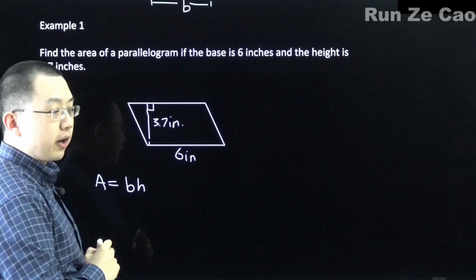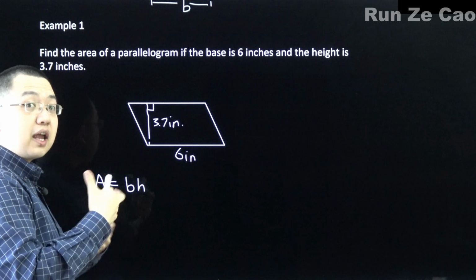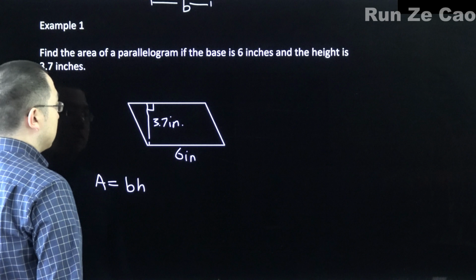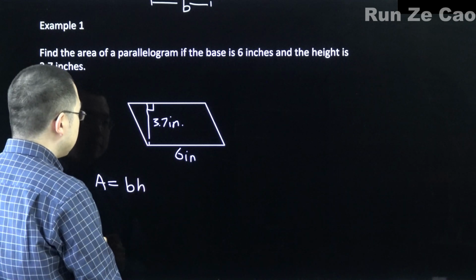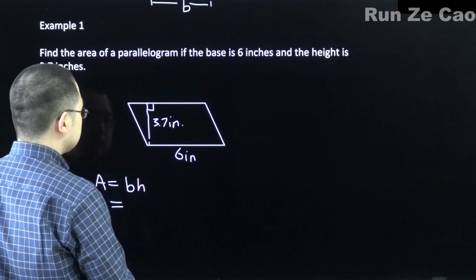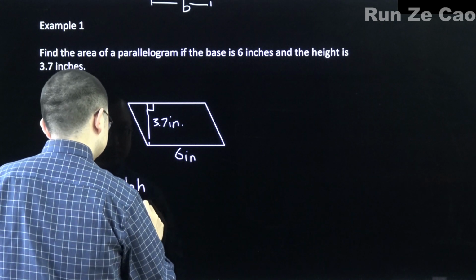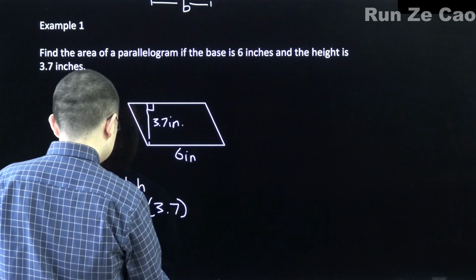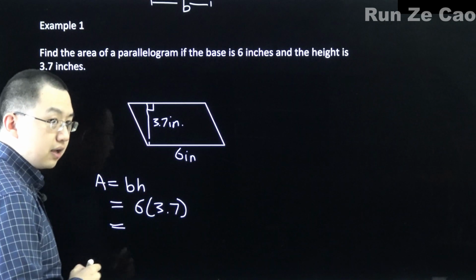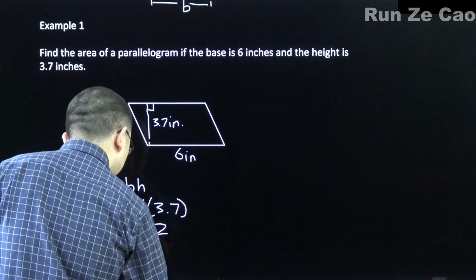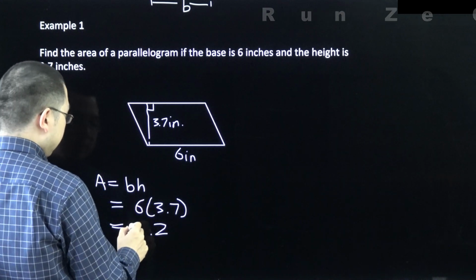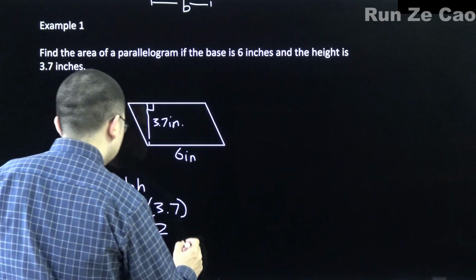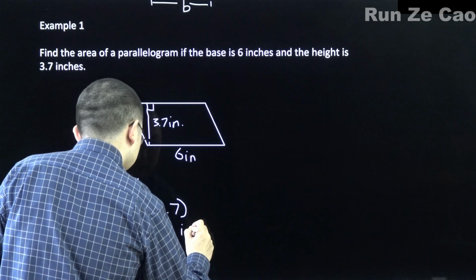That's the formula for parallelograms, including rectangles, squares, or rhombuses. So 3.7 times 6, or 6 times 3.7, is equal to: 6 times 7 is 42, so 2, and then we carry the 4. 3 times 6 is 18, 18 plus 4 is 22. 22.2 square inches, or inches squared.